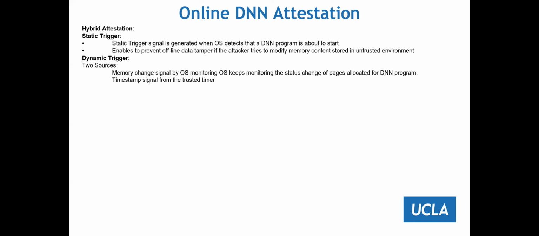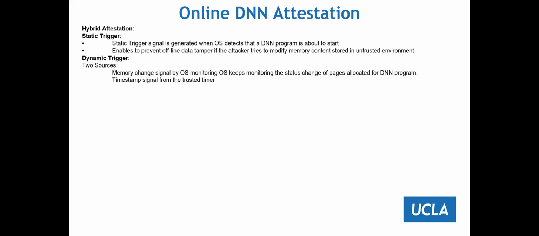This helps us do the offline data monitoring and make sure the data is not tampered with before we even start the process. The second one is the dynamic trigger, which is quite useful for online mode. What leads to a dynamic trigger?